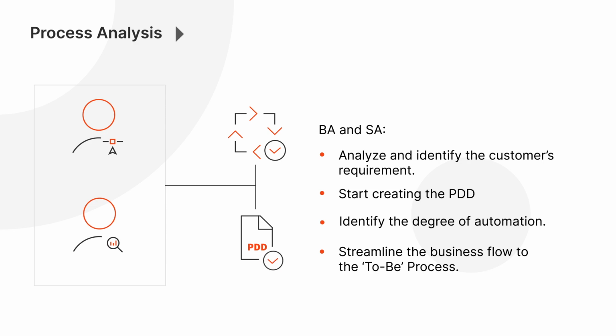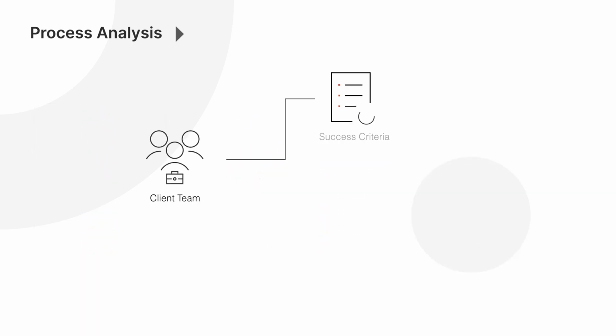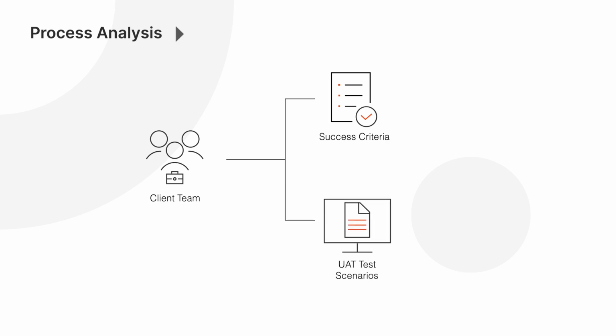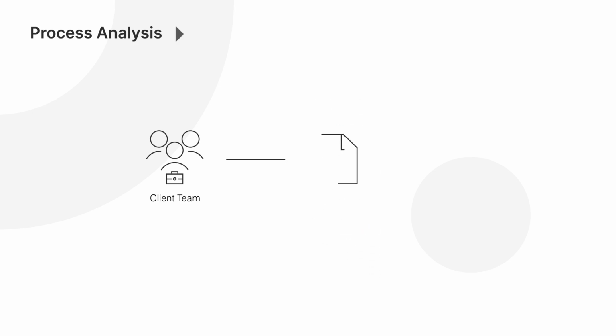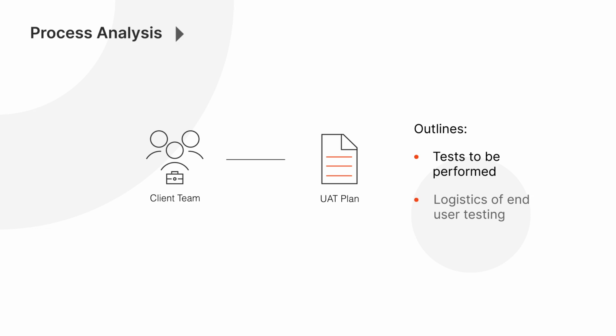Once the PDD is completed and approved, the client team has the responsibility of coming up with the success criteria and the UAT test scenarios, which will be the basis of the UAT plan, drafted by the business analyst. The UAT plan is a document outlining the tests to be performed, as well as the logistics for how end-user testing will occur after development.